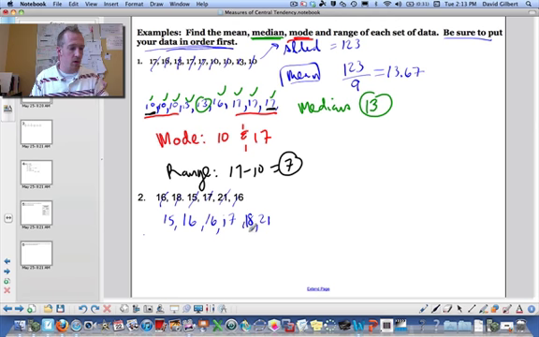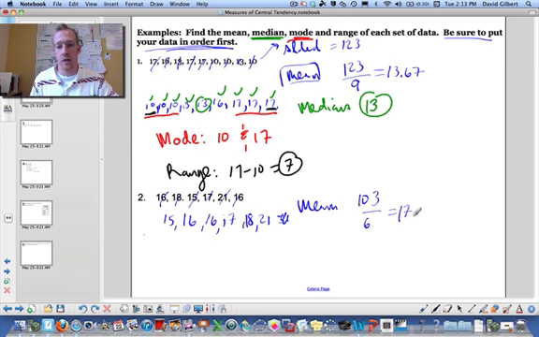So I add those all together, and we get 103. And there are 1, 2, 3, 4, 5, 6 numbers, so 103 divided by 6 gives us 17.67.